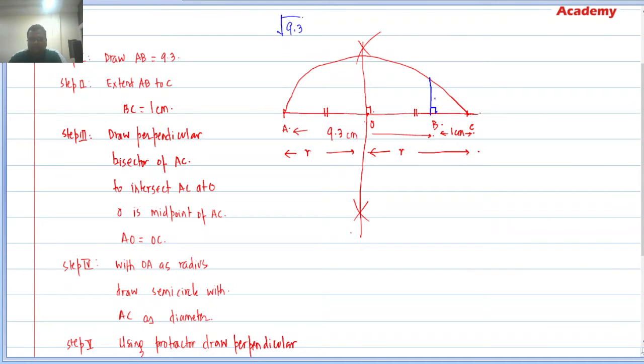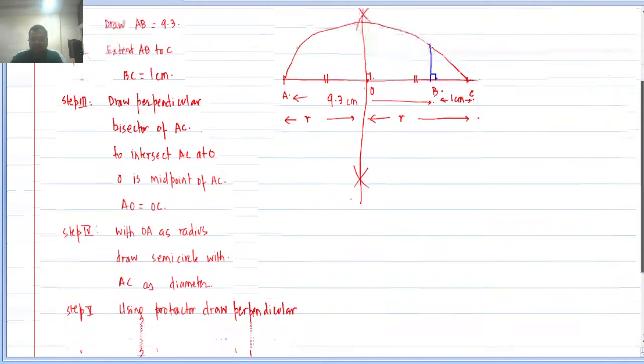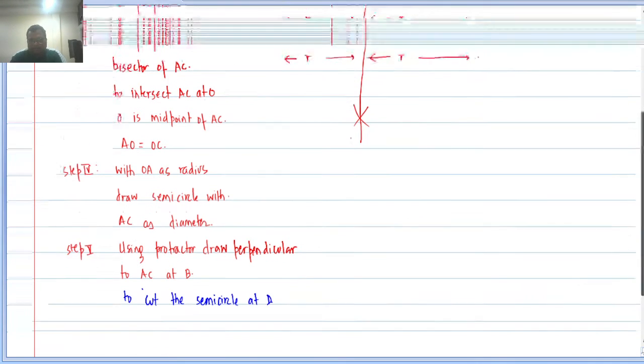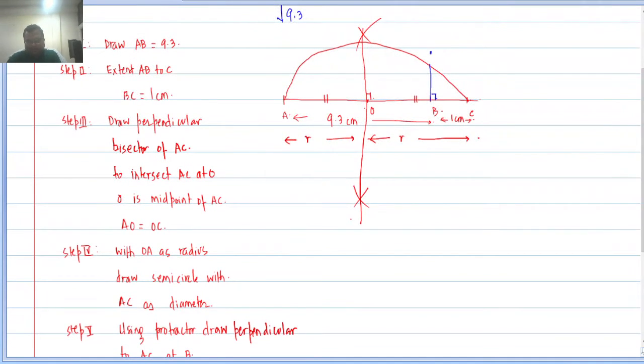Fine. Okay, to cut the semicircle at D. Now this is going to cut the semicircle at D. Okay, fine.